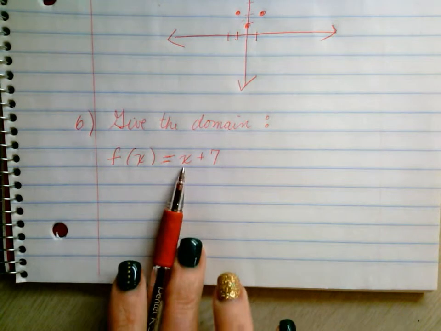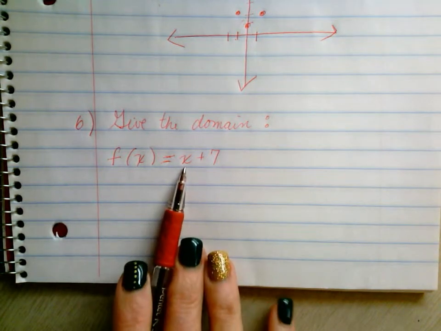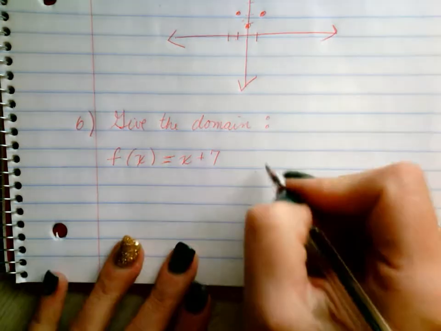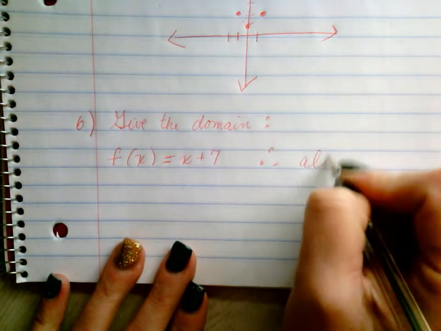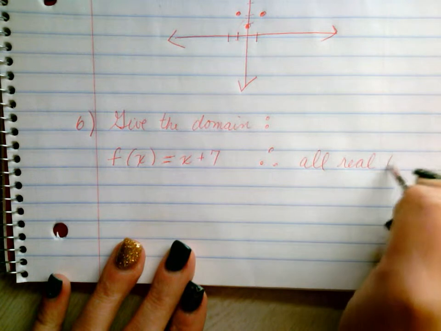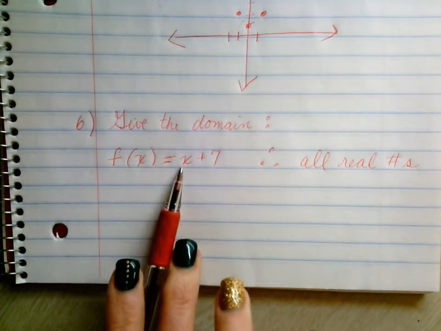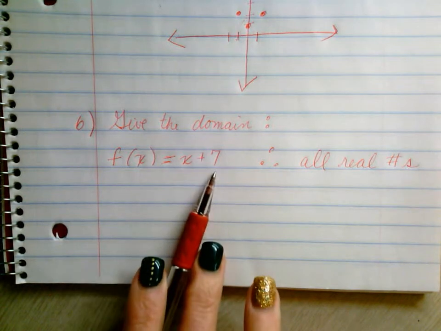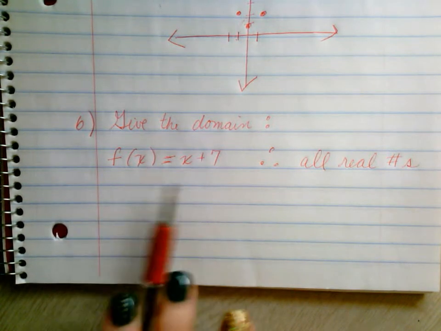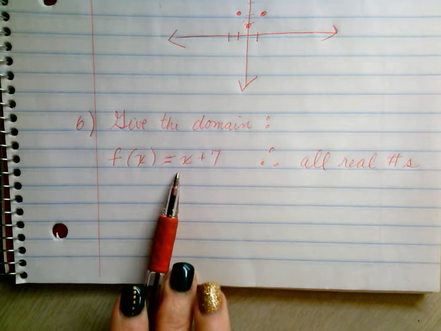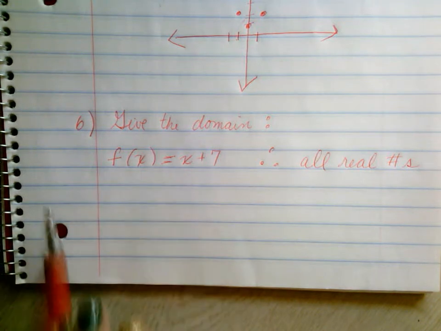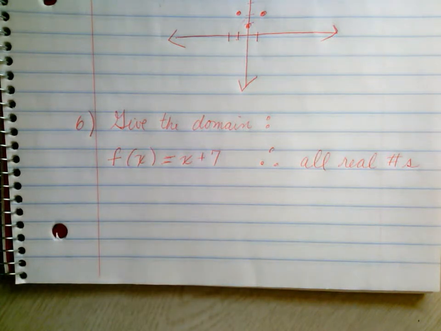What number can you use for x to make this nonsense? There isn't any. So the answer to this one is going to be all real numbers. Okay? This one is simply saying you can put anything in here and come up with a y value. Negative 957 million? Yeah. Well, I would have a y value of negative whatever I just said. I forgot. Okay? Anything can work here.